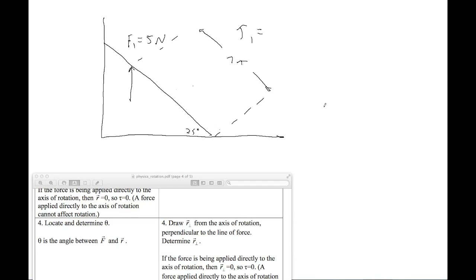Okay, so in this case, I would use the same R perpendicular method, and so then R perpendicular would be 7 times the cosine of 25 degrees. And then I'm going to multiply it by the force that I was given, which is 5 newtons.